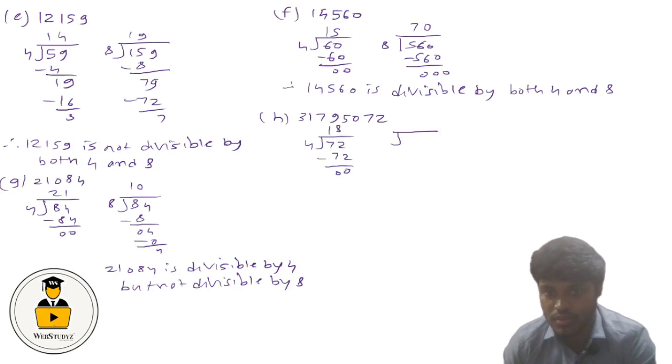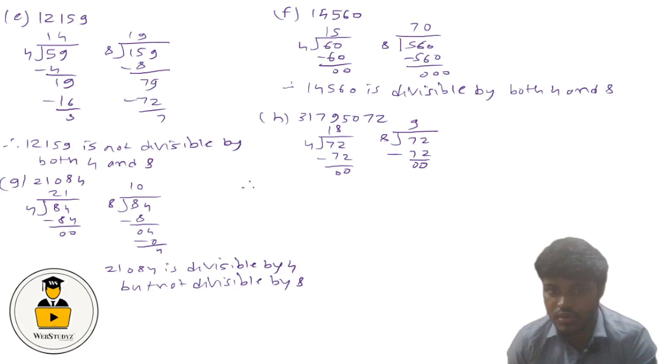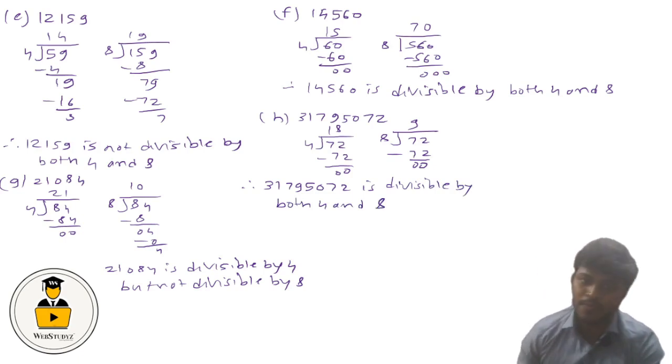Then 72 again, so we know that 8 nines are 72, so it is divisible by 8. So we can write here that therefore the number is divisible by both 4 and 8.